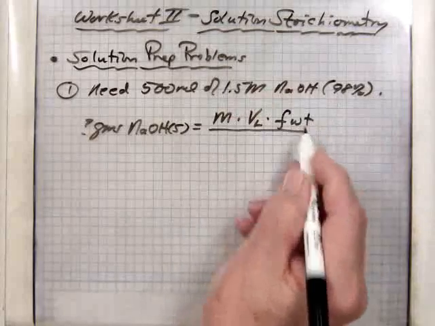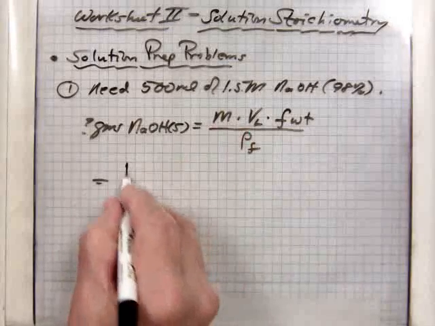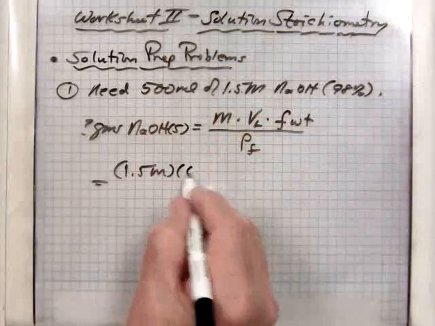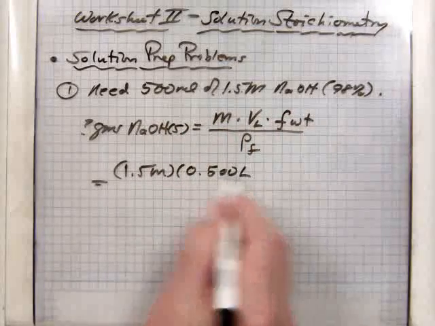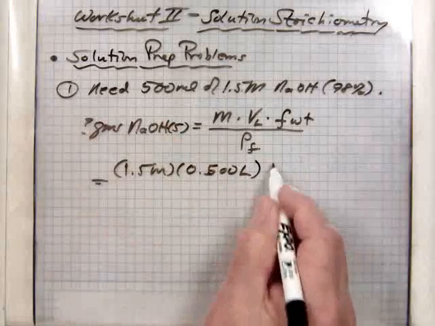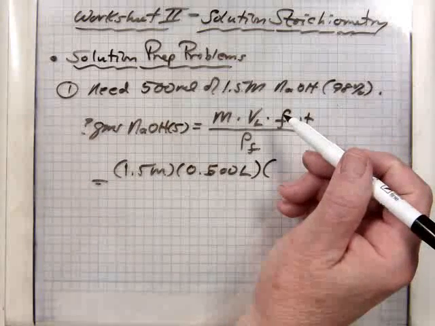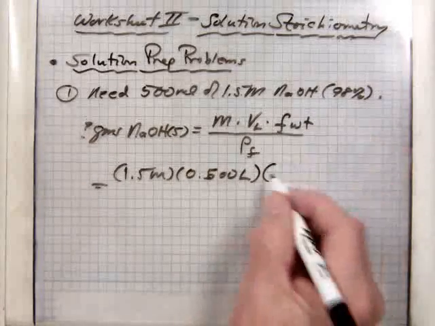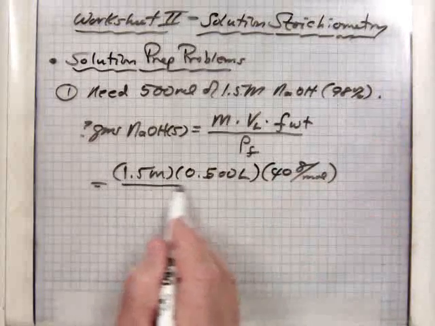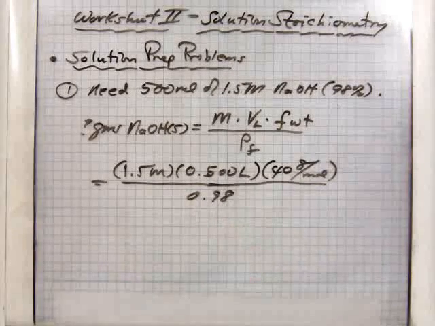over the purity factor. And so again, the molarity needed is 1.5 molar, and the volume is 0.500 liters. 500 mils is half a liter. And formula weight for sodium hydroxide, 40.00 grams per mole. And that's divided by the purity factor of 0.98.